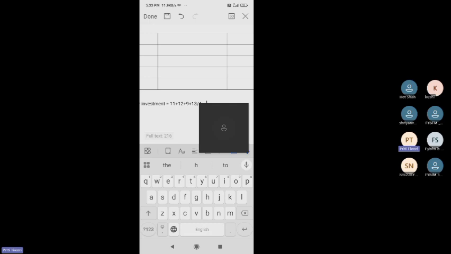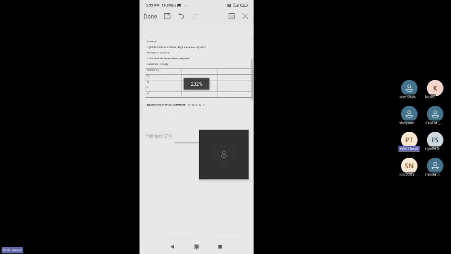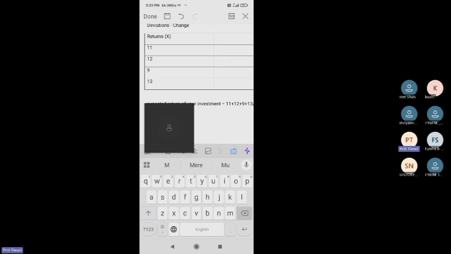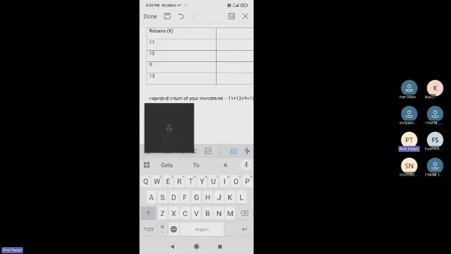What are you getting? 11.25. So the answer is 11. I'll take a rounded figure. Now the answer is 11. What is this? This is your expected return. Expected return is nothing but what? Mean. Mean का symbol क्या होता है?